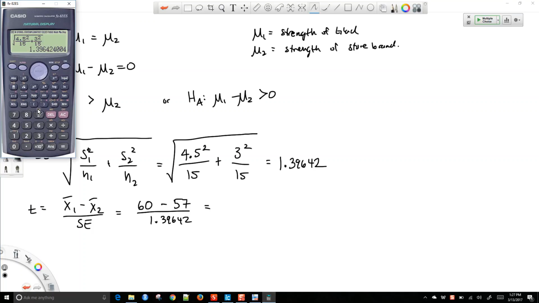So I'll do 60 minus 57, divided by the previous answer, so I don't have to retype all of this. When I get this, I get 2.1483.